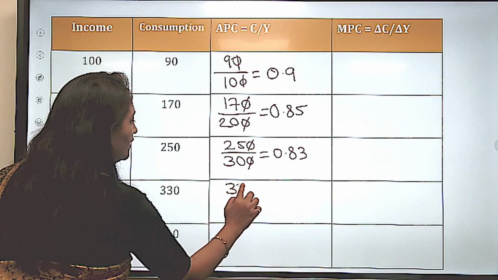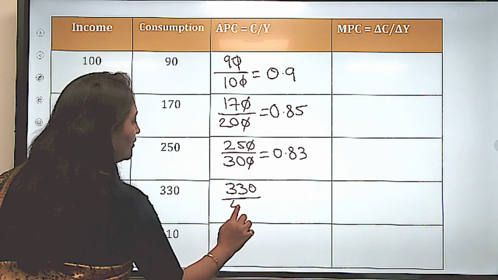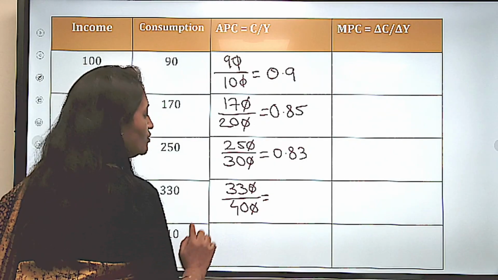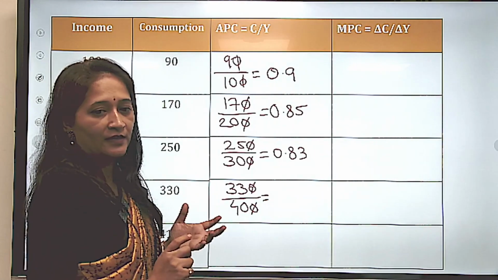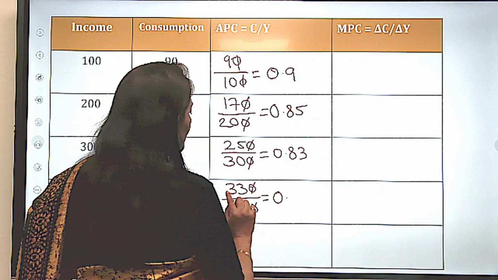Now 330 divided by 400. We are cancelling zeros. 33 divided by 40. We get the answer.